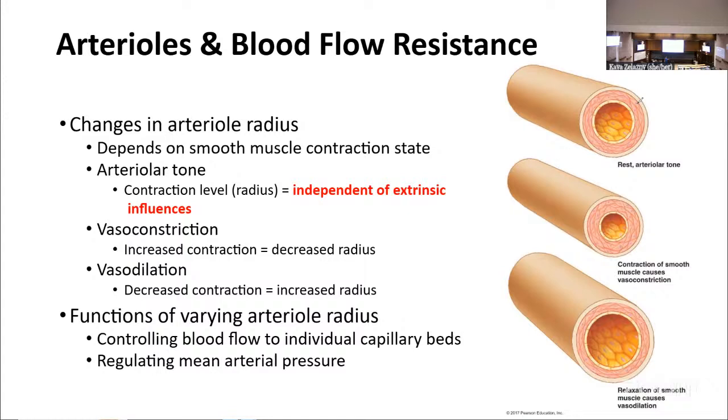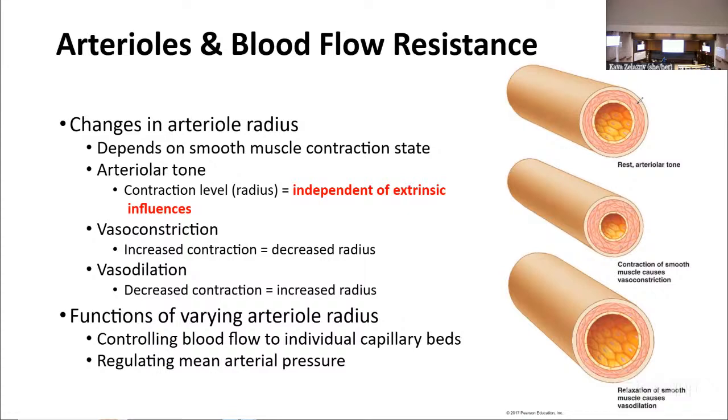Okay. Now the level of contraction is going to create different radii. And some of this is going to be under intrinsic regulation. Some of it's going to be under extrinsic regulation, that tone, kind of the baseline state. So you don't need any communication from outside to be at that arteriolar tone state. Okay.